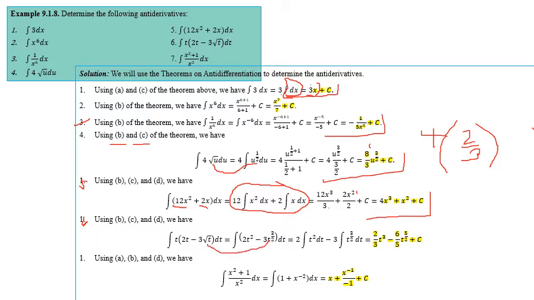Tapos, take note, before kayo mag-integrate, i-simplify niyo muna ang integrand. Since may multiplication, ibig sabihin i-distribute na din. So, t times 2t is 2t squared. T times 3 square root of t is magiging 3 t to the power of 3 halves because square root of t is t to the power of 1 half, di ba? So, 1 half plus 1, that is 3 halves.